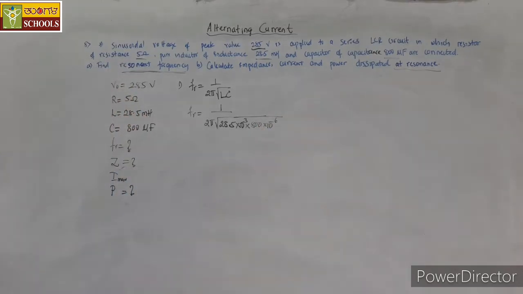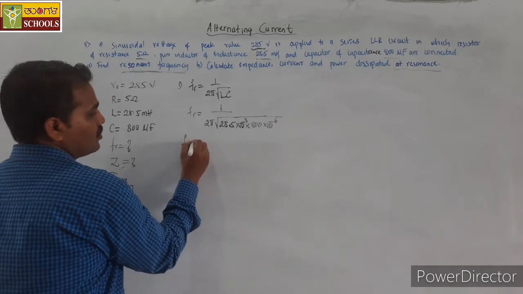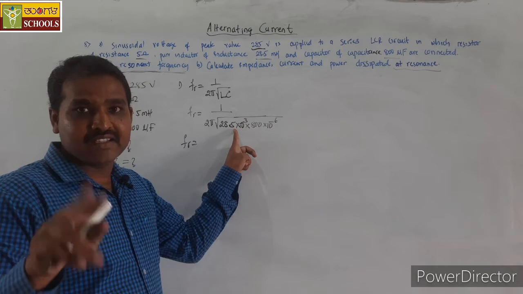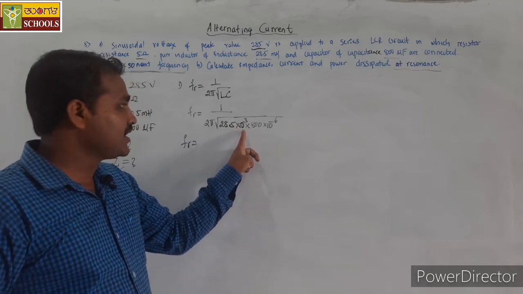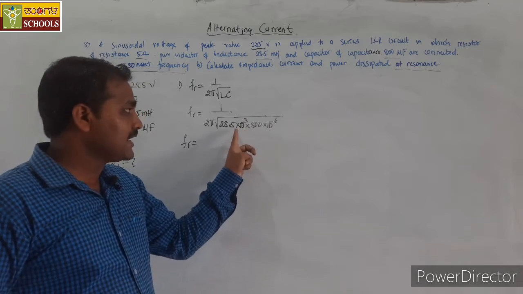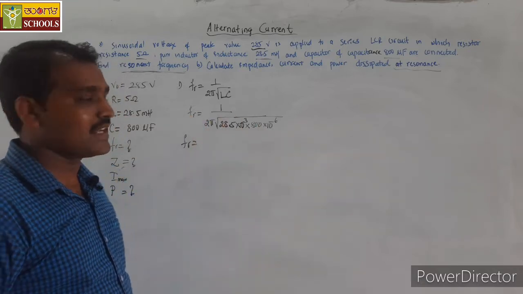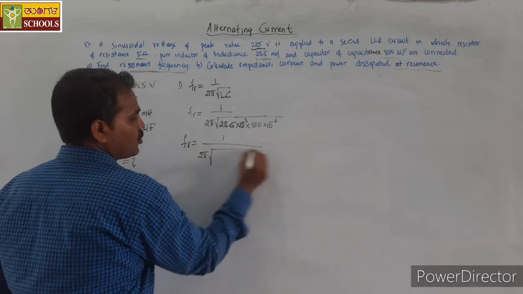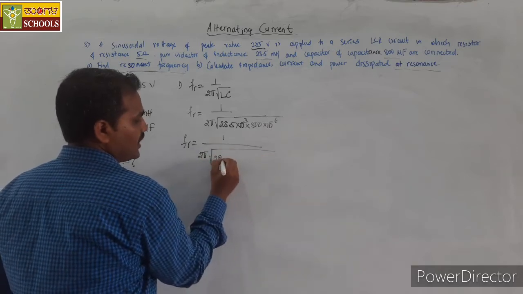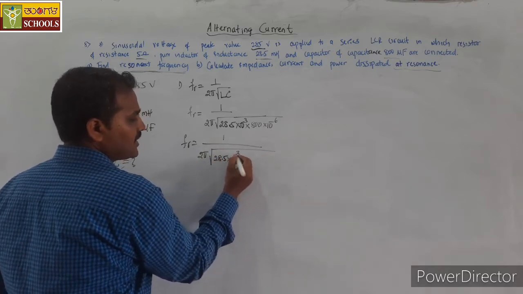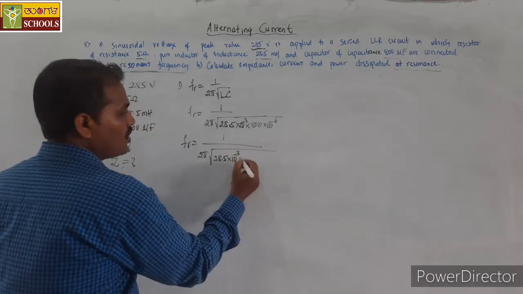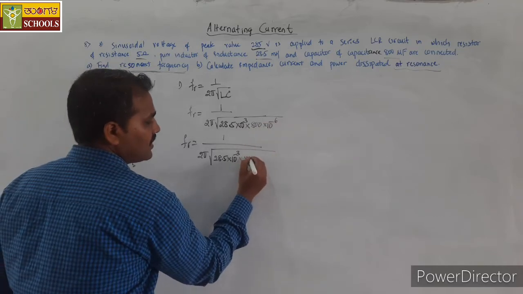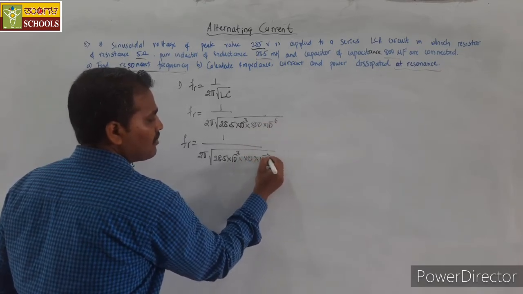They have given that. Now, to take the square root, it is better you make the power of 10 an even number. Either you make it 10 to the power minus 8 or 10 to the power minus 10. So for that, I write it as 1 divided by 2 pi square root of 28.5 into 10 to the power minus 3 as it is, and 800 into 10 to the power minus 6 I write as 80 into 10 to the power minus 5.